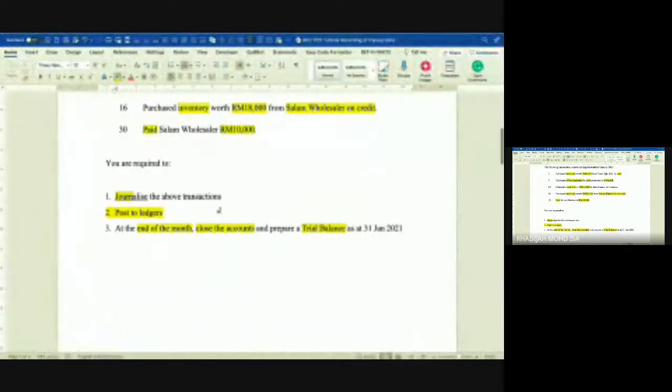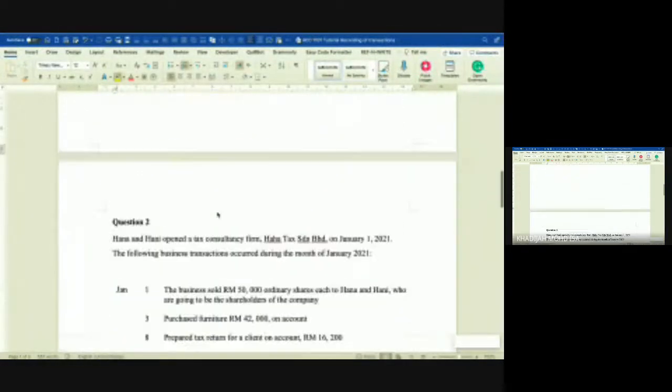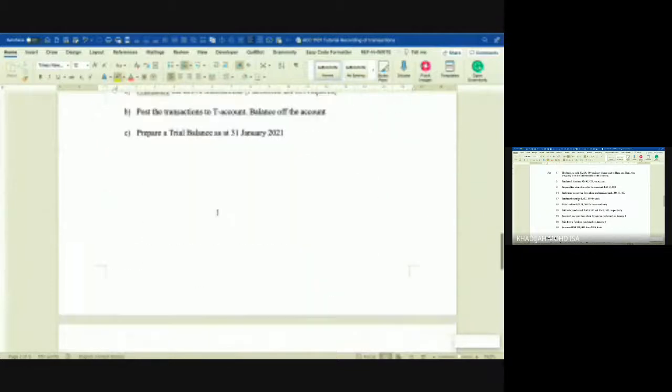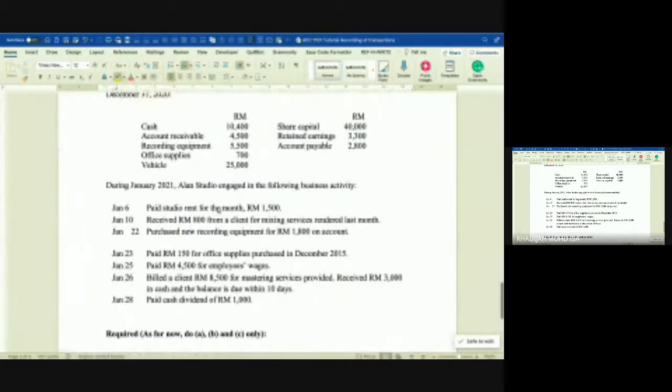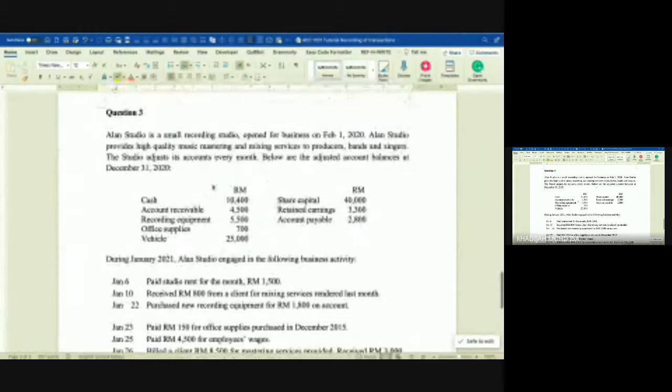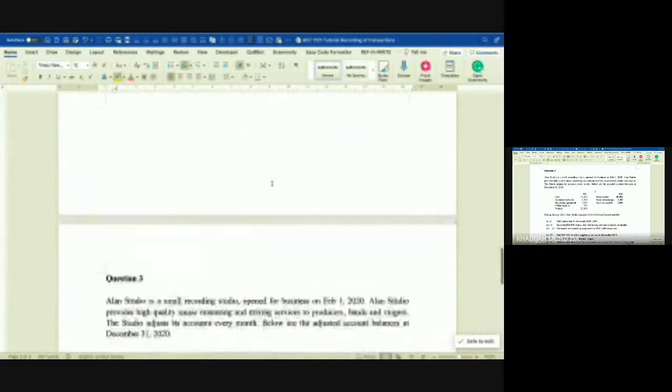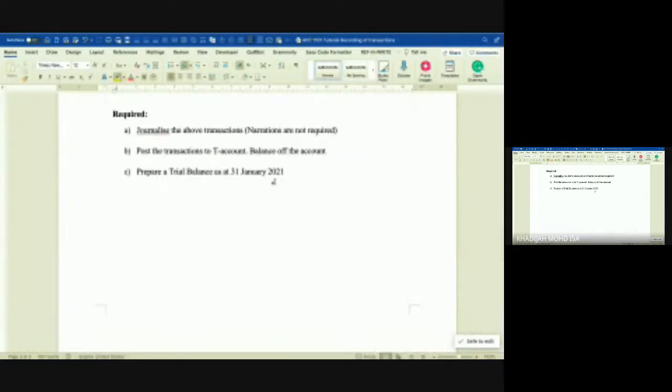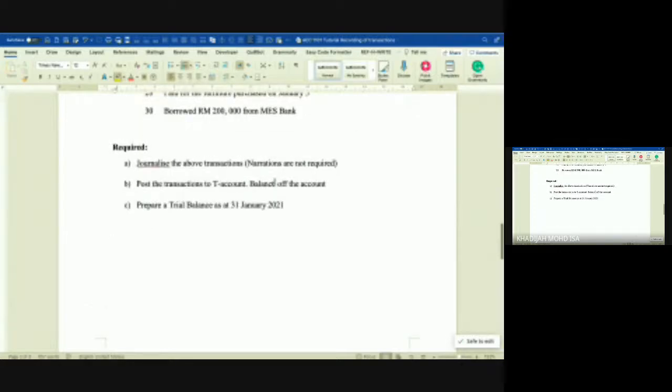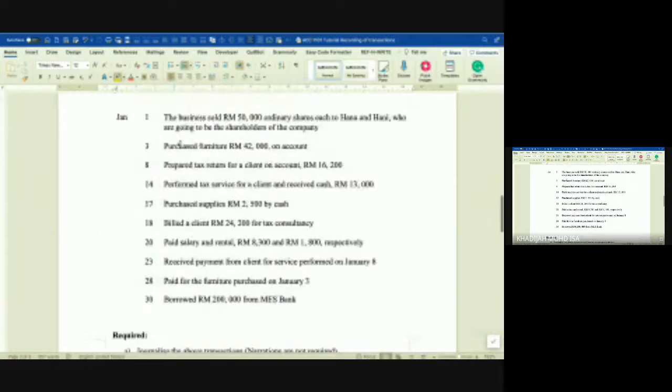So you have this question number 1, and then you have question number 2, and then question number 3. In this case, let's look at the question: journalize the above transactions. So the requirement is still the same: journalize the transactions, post to T-accounts, balance the accounts, and then prepare the trial balance.